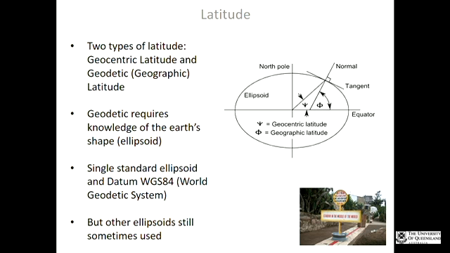So it's a right angle line to the surface of the Earth. In this case, the shape of the Earth matters, because if it was a perfect sphere, this line for the geodetic latitude would always go through the center of the Earth. But because it's an ellipsoid, a squashed sphere, it doesn't always do that. So the way you model the shape of the Earth makes a difference to that latitude.